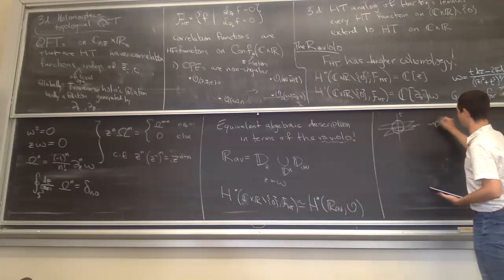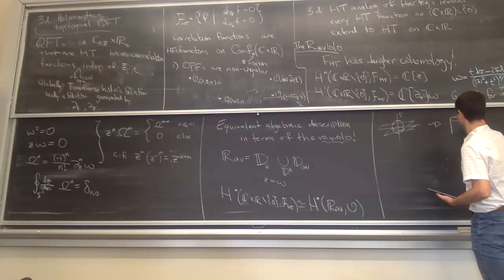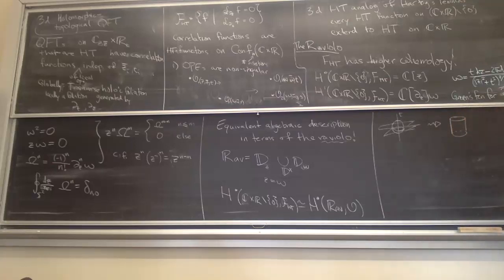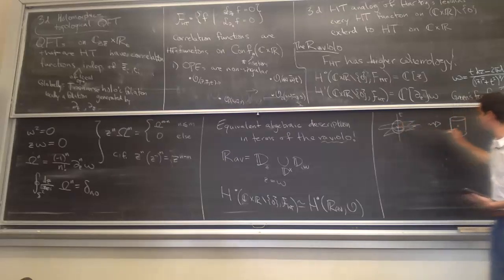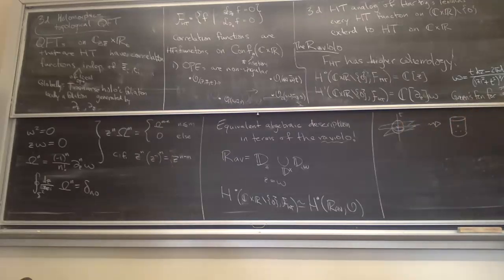And so instead, what you should do is consider our favorite Gaussian pillbox, which is just two disks with a cylinder attaching them. And this point that we removed in the center of our sphere is just in the middle of our Gaussian pillbox.